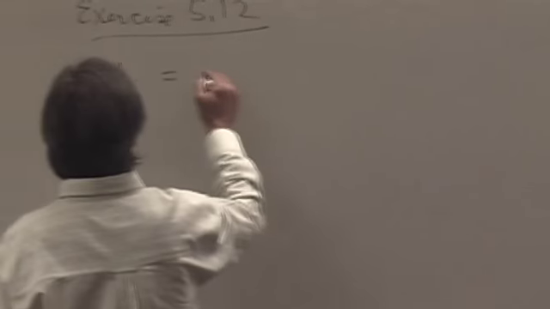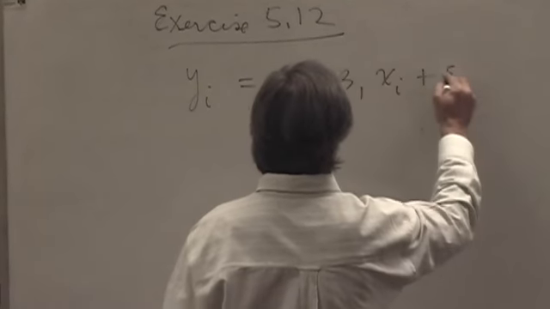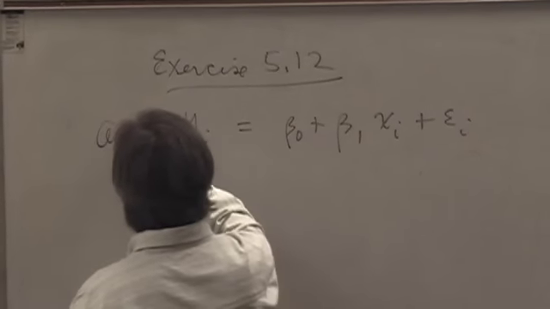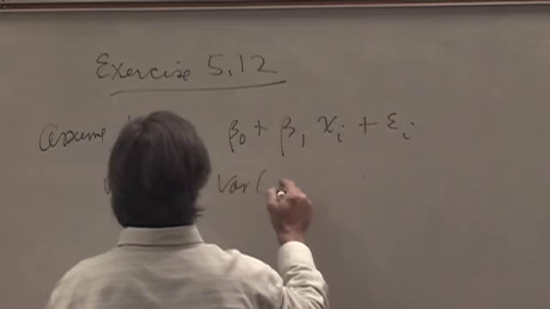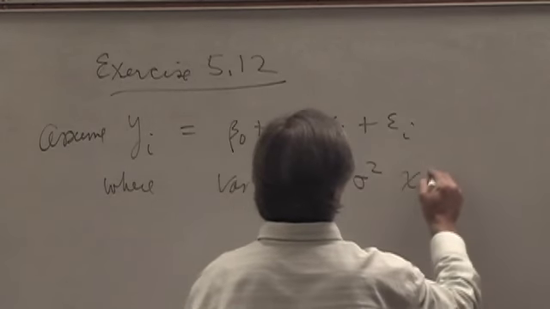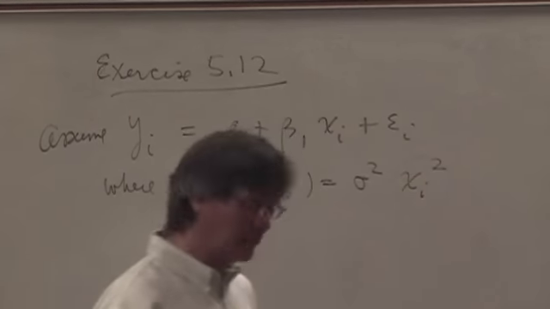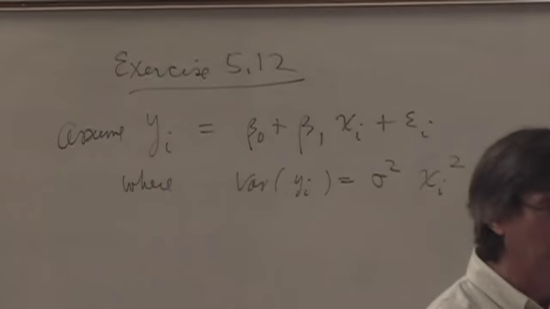So let's take y_i equals beta 0 plus beta 1 x_i plus epsilon_i. Assume this, where the variance of y_i is equal to sigma squared times x_i squared. Let's say exactly some constant of proportionality times x_i squared. The actual value of sigma squared is not important.